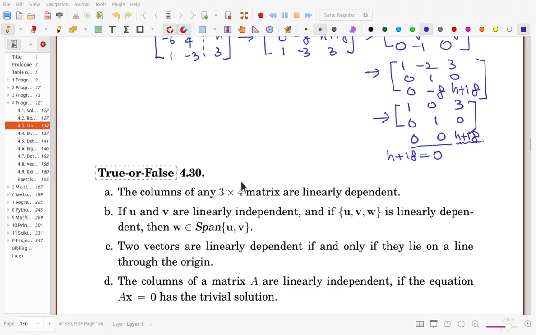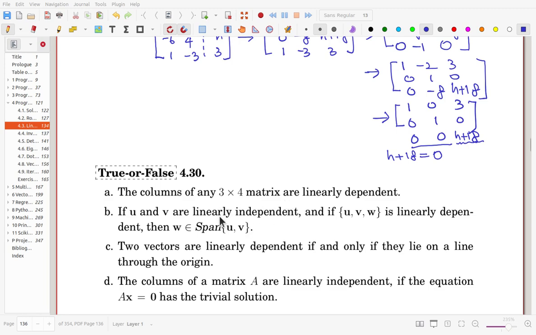It must be true, right? There are 3 rows and 4 columns, so it can have a maximum of 3 pivots. So at least one non-pivot column exists, so it must be linearly dependent.